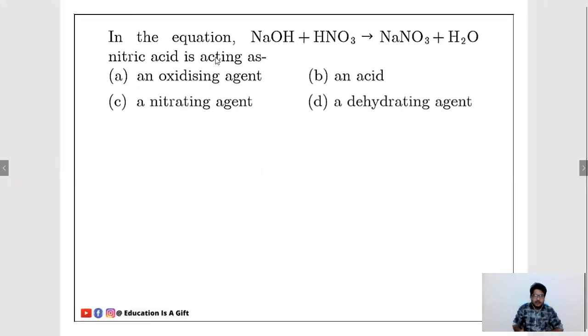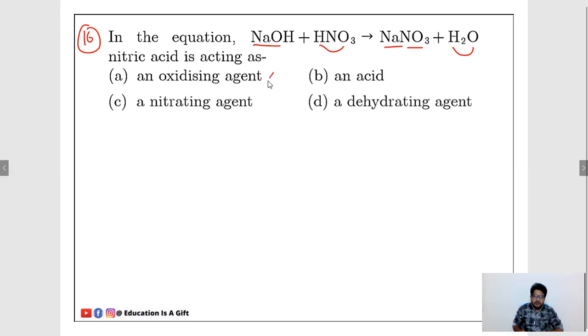Next, 16. In the equation NaOH plus HNO3 gives rise to NaNO3 plus H2O, the nitric acid is acting as what? Oxidizing agent? Oxidizing agent means oxygen should be added. Here nothing is happening, no oxidation.